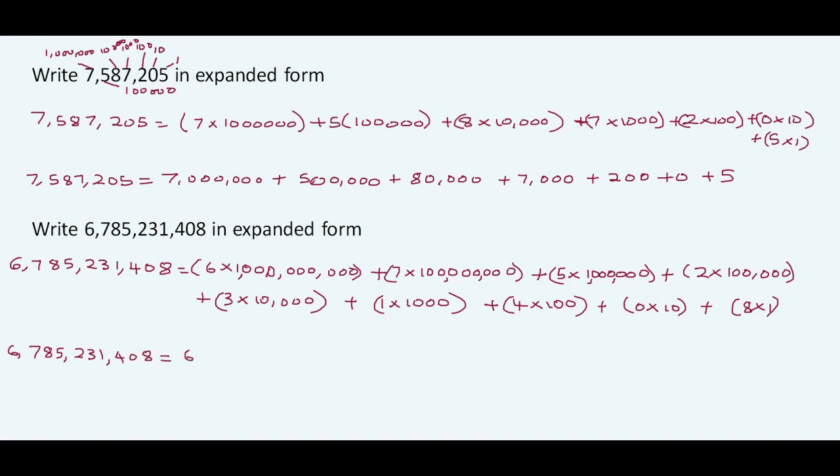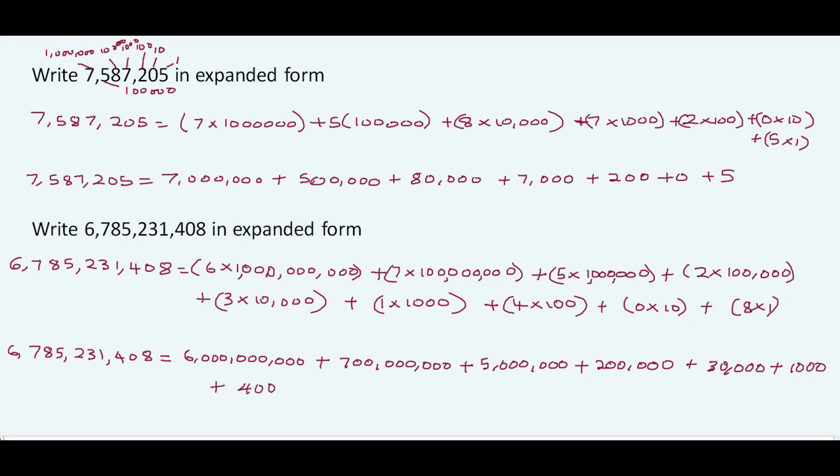This is going to be 6 billion, so we have 9 zeros here, plus 700 million, 8 zeros, plus 5 million plus 200,000 plus 30,000 plus 1,000 plus 400 plus 0 plus 8.